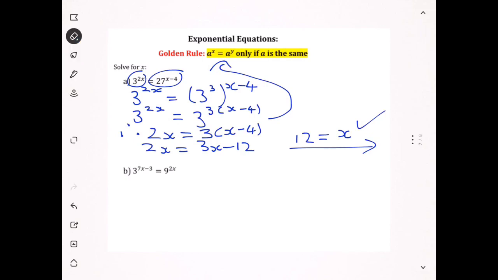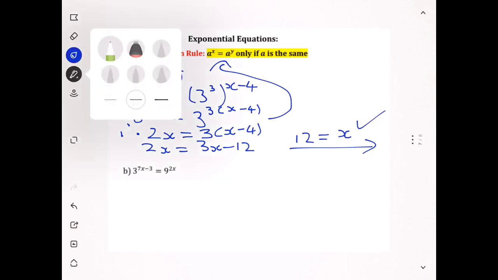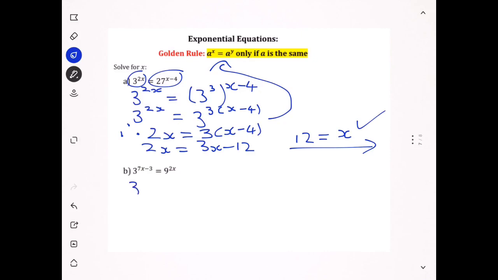3 to the 7x minus 3 equals 9 to the 2x. So the 3 on the left-hand side is fine because it's already in its base. So we can leave it as it is, 3 to the 7x minus 3. The 9 needs to be converted into a prime base, which would be 3 squared.